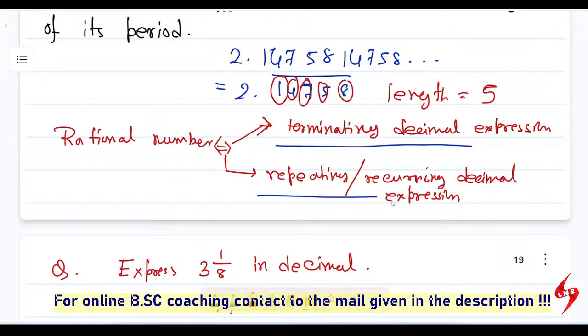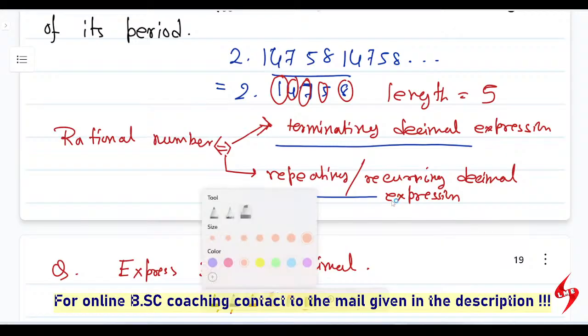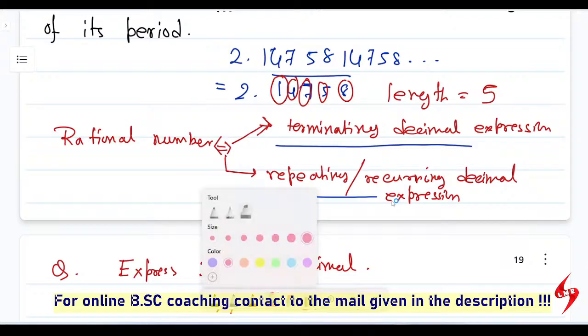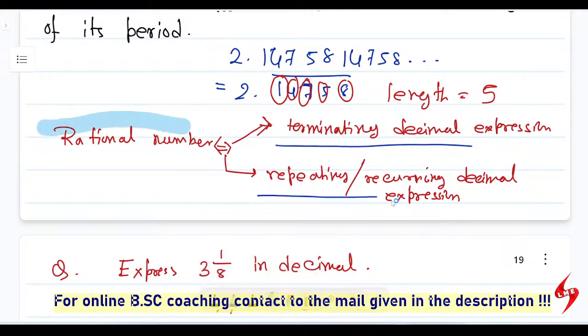And if a number has either of these, then the number will, of course, be a rational number. I am marking it, picking another color here.